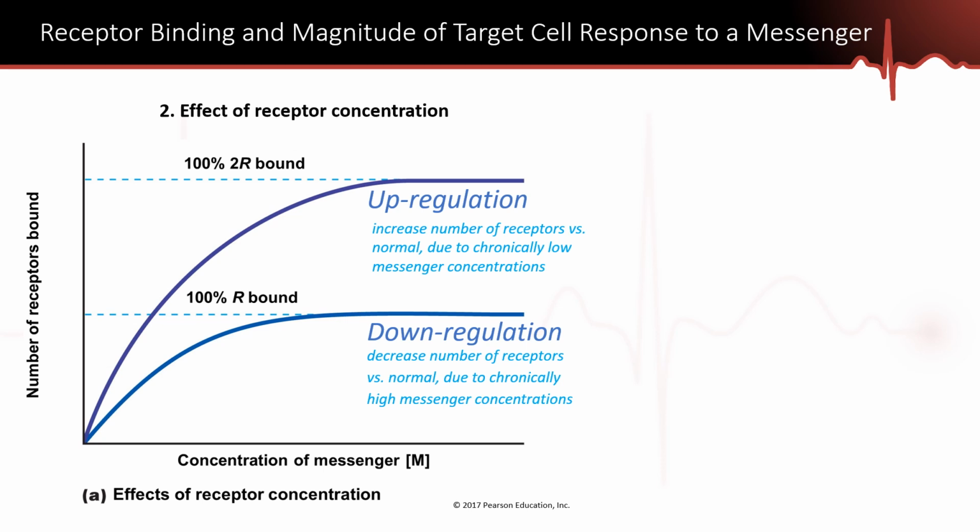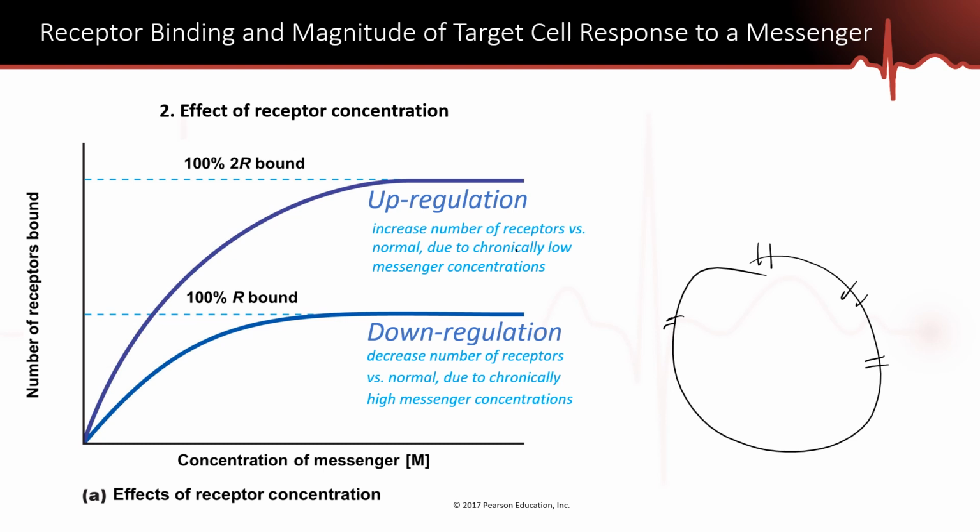The next thing that can influence the magnitude of effect that a chemical messenger has on a cell is the number of receptors that a cell has for a chemical messenger. This should seem fairly obvious. Here's a cell. Let's say that it doesn't have very many receptors for a given chemical messenger.